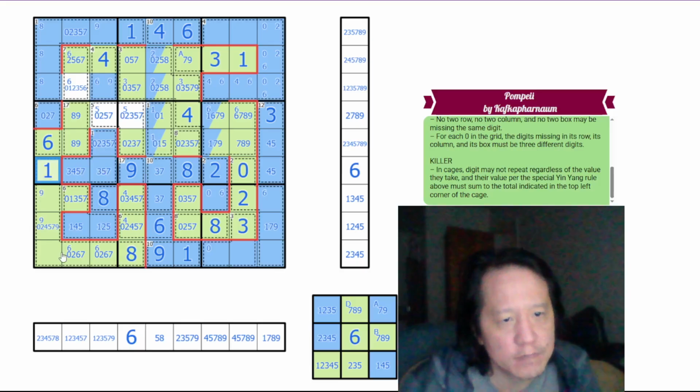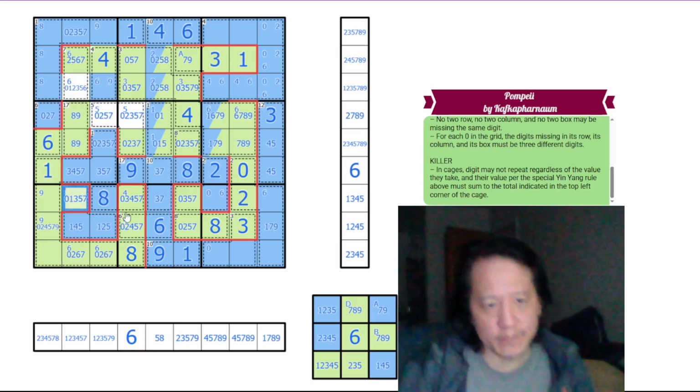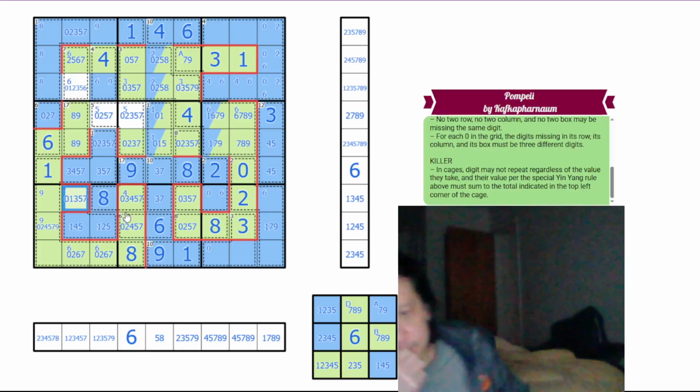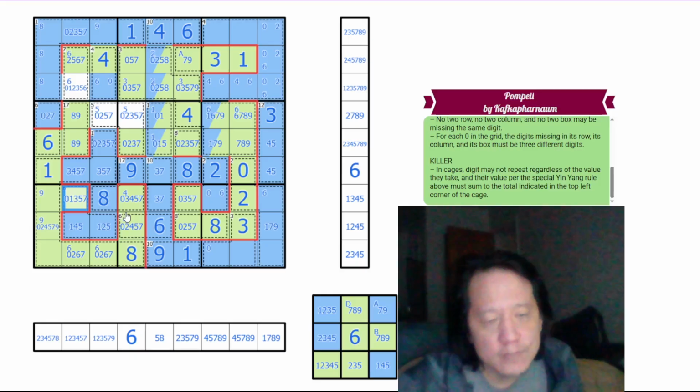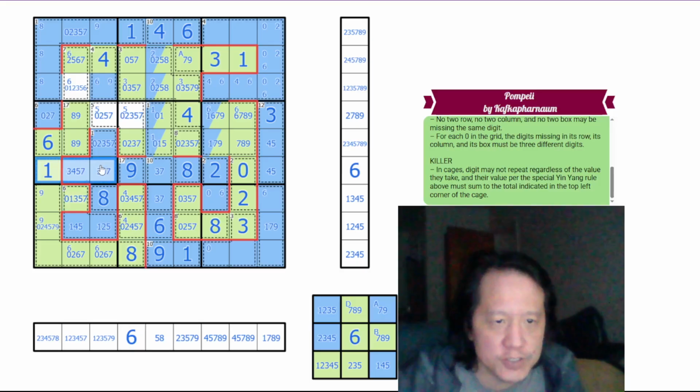Or 1, could be 1. So this has to match one of these 3 cells in the cage, but we don't know which.